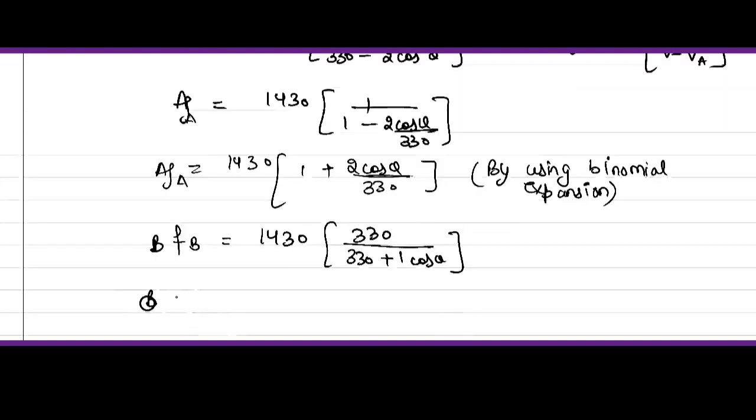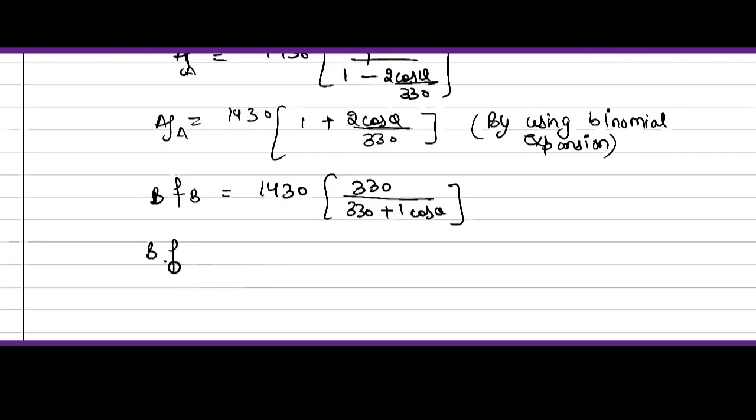So from this we get the apparent frequency of B equal to 430, taking the common factor, and similarly by using expansion we can write this 330 here.